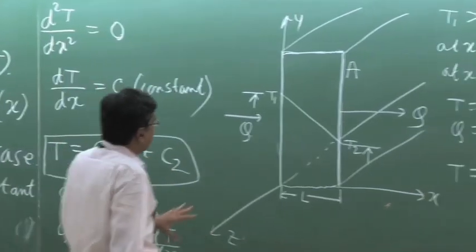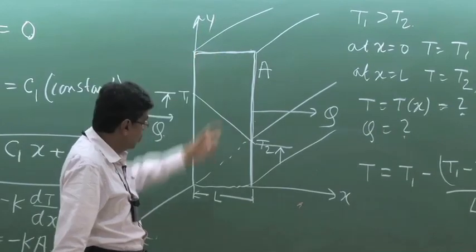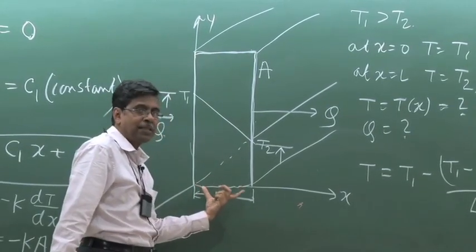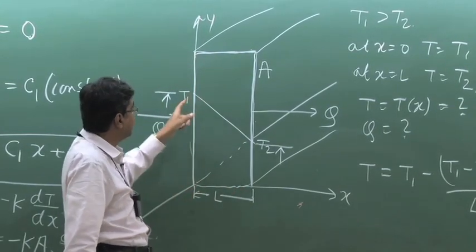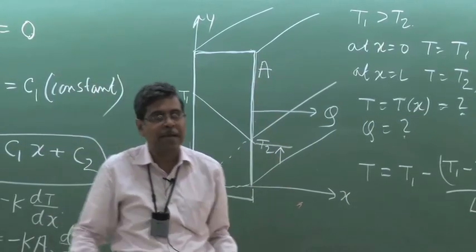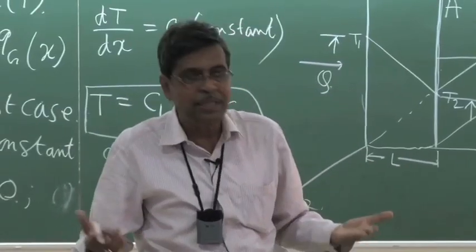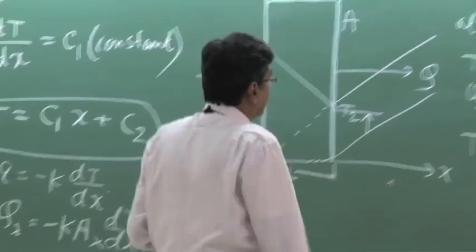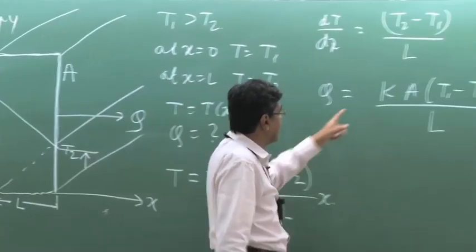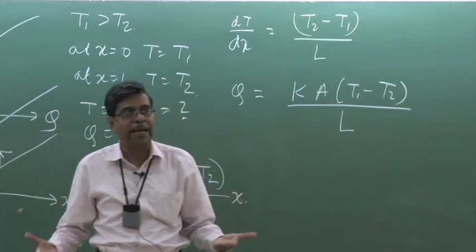That means for a long slab or a wall whose thickness L is much small compared to other dimensions, and if we can keep the two surfaces at constant temperature T1 and T2, one is higher than the other, here T1 is higher than T2, then and with thermal conductivity K constant, we get the heat flux equation like this, which is independent of X.